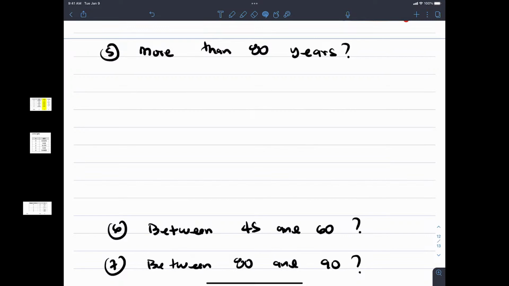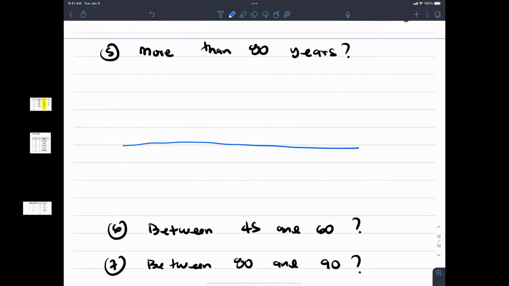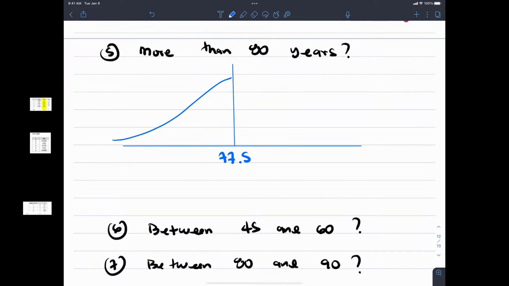Okay, more than 80 years. So here you go. $77.5 goes here. Where does 80 go? It's to the right. What is more than 80?